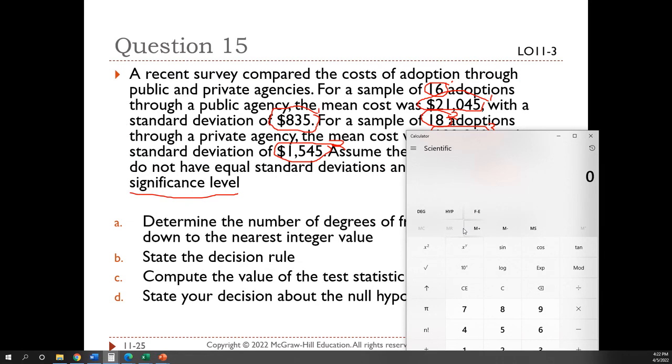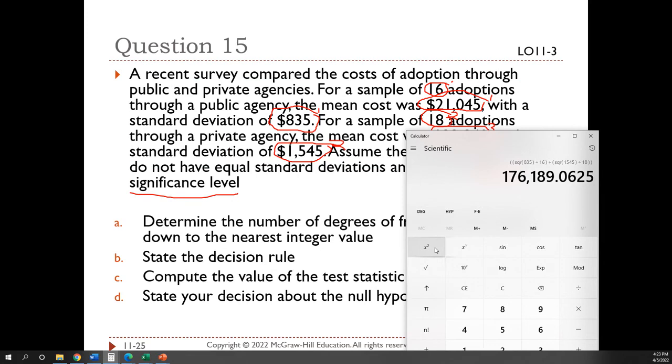So in parentheses again, we have 835 squared divided by 16. Put in parentheses, add. Then we have 1545 squared divided by 18.